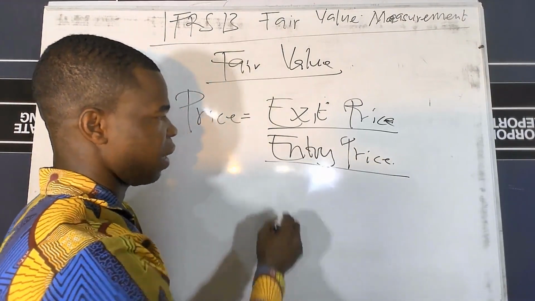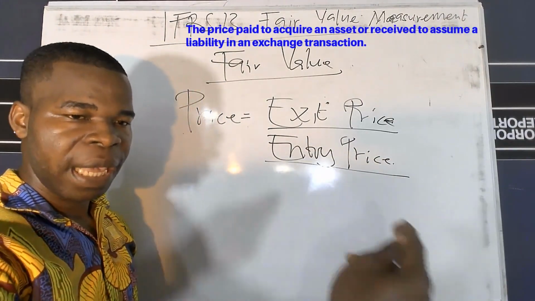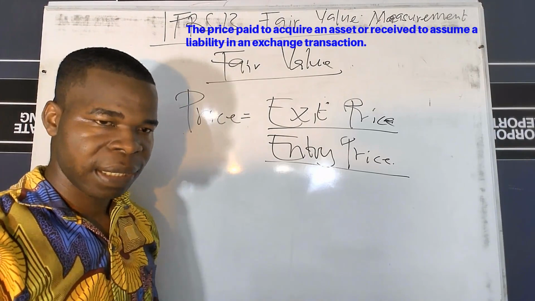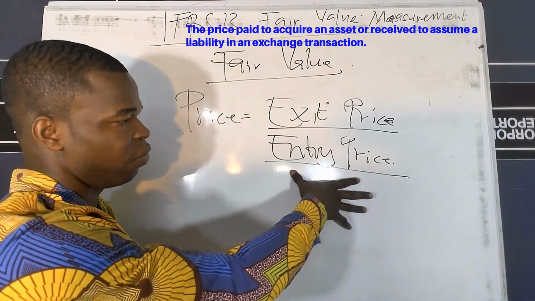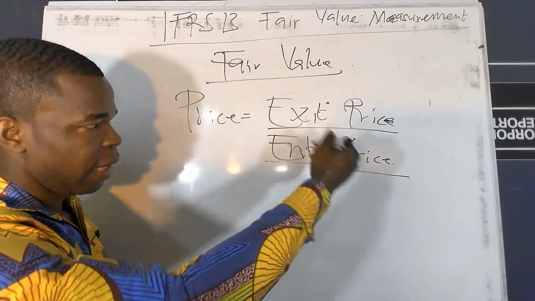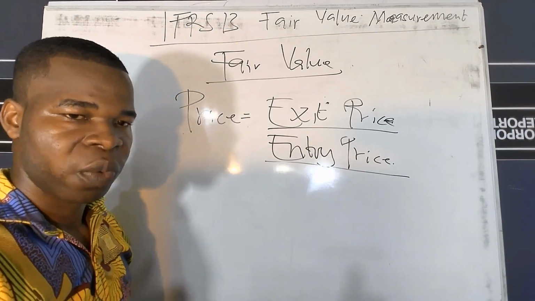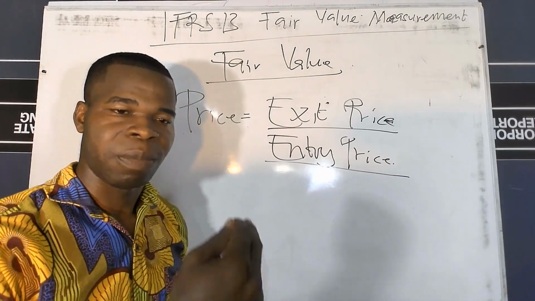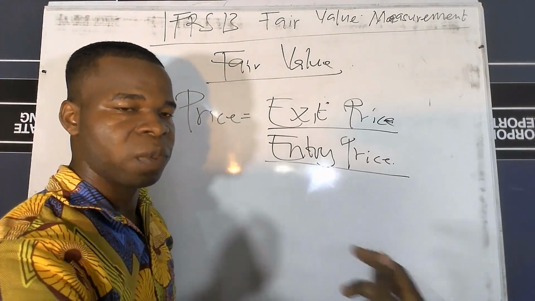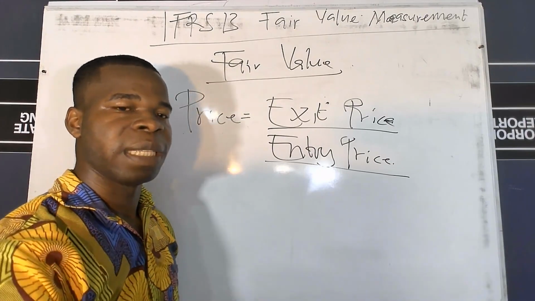The entry price is the price that will be paid to acquire an asset or received to assume a liability. Now again, in the definition, we have something like an orderly transaction. It's the price that will be received to sell an asset, or paid to transfer a liability, in an orderly transaction.